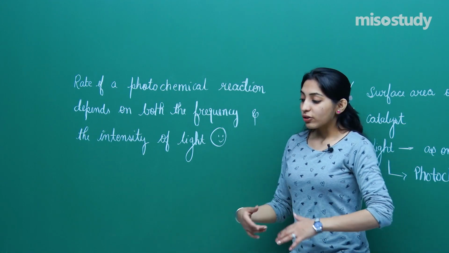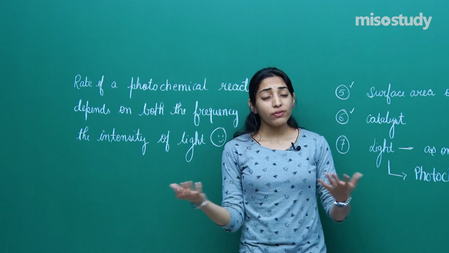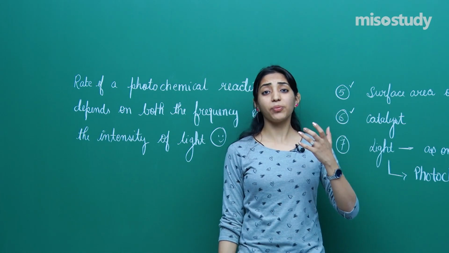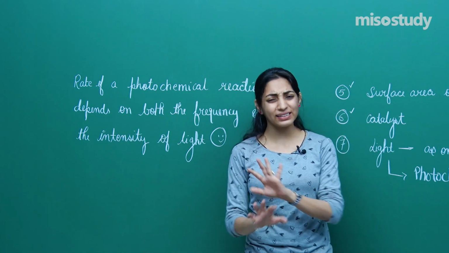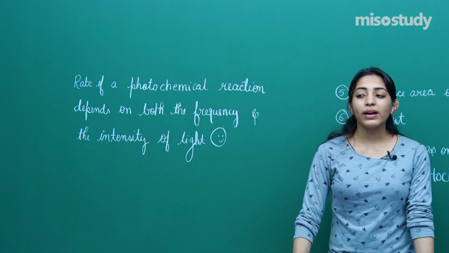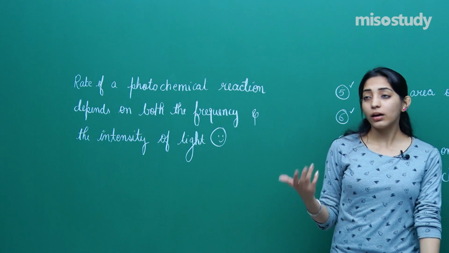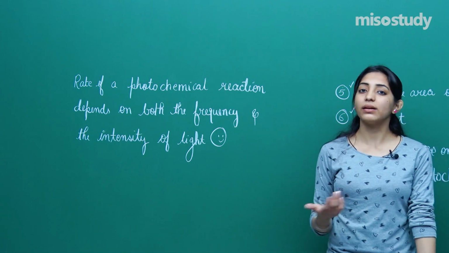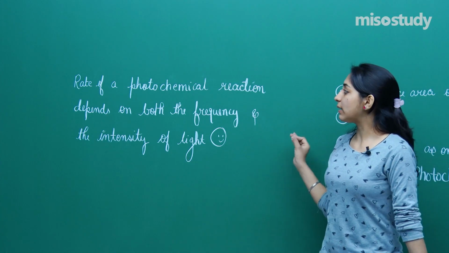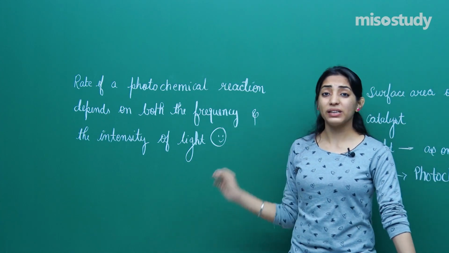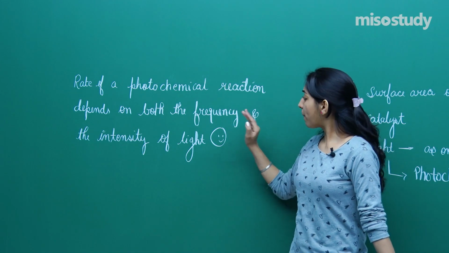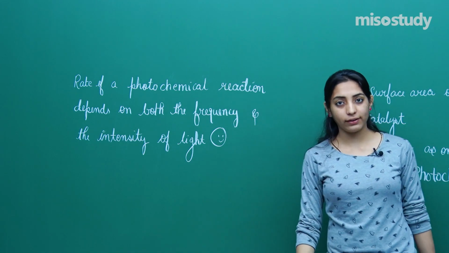If it's not a photochemical reaction, if light is of no use to us, then whether you carry out the reaction in red light or green light or blue light is just okay. We are not concerned about the light effect when it's not a photochemical reaction. Only when it's a photochemical reaction will the rate be decided by the presence of light and also by the frequency and intensity of light.